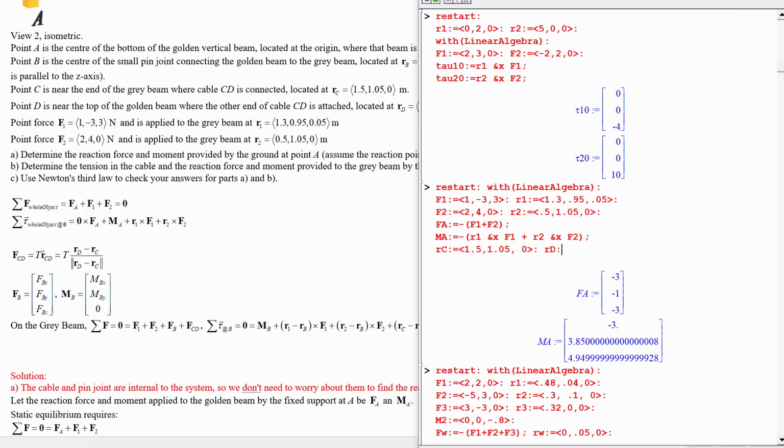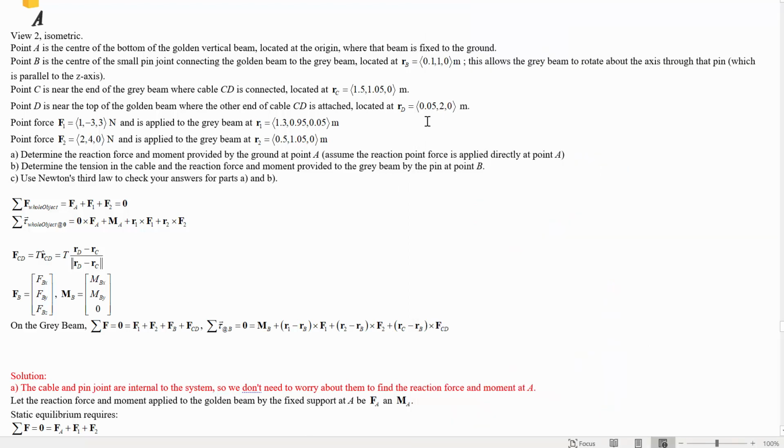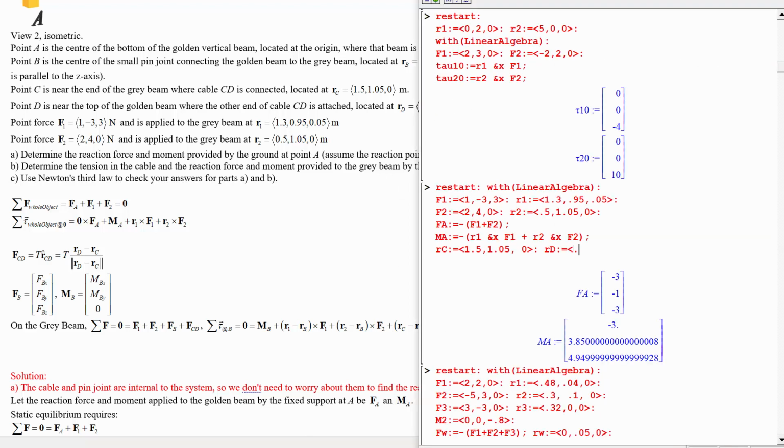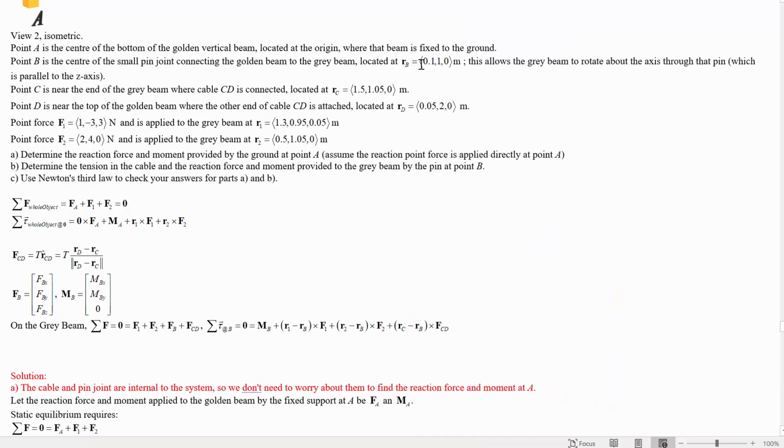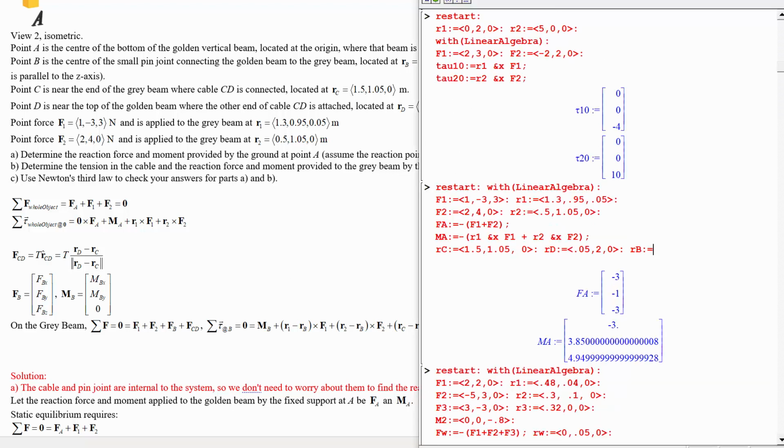And RD, which is 0.0520. And I guess we'll also need RB, which is 0.110.